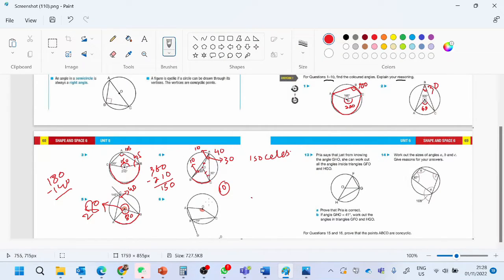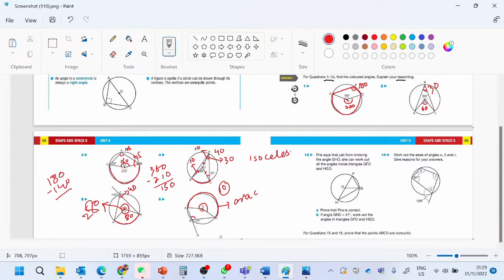We can see here that there is a small chord which is cutting this line, but at the same time we can see that this angle, the line here, is 70. What we can do is take this one as an arc, and the angle formed by this arc at the center should be double this angle.